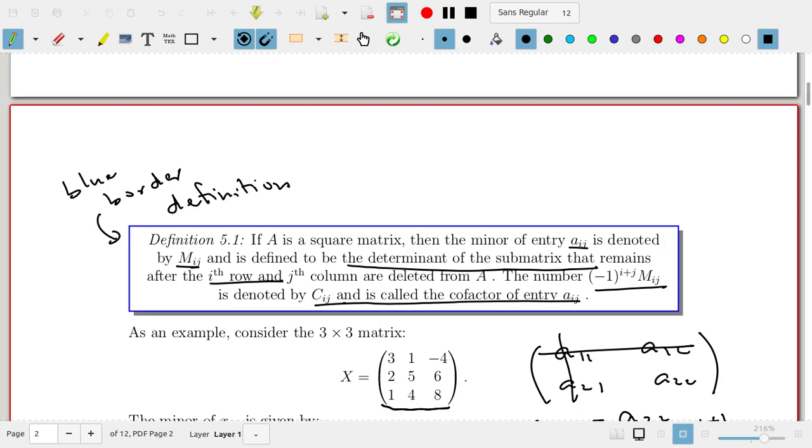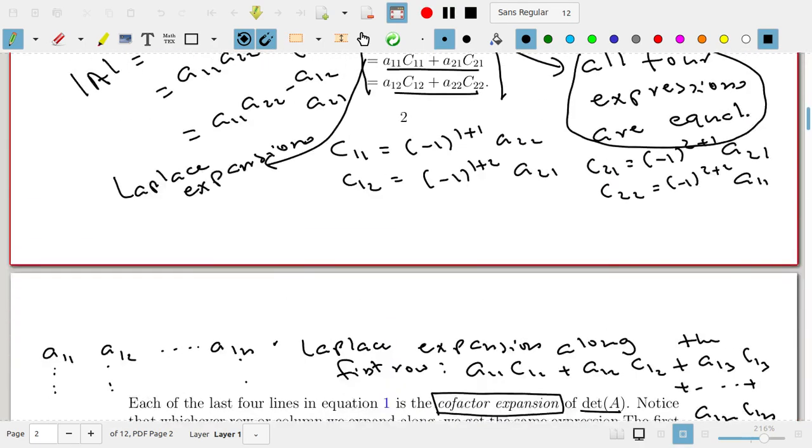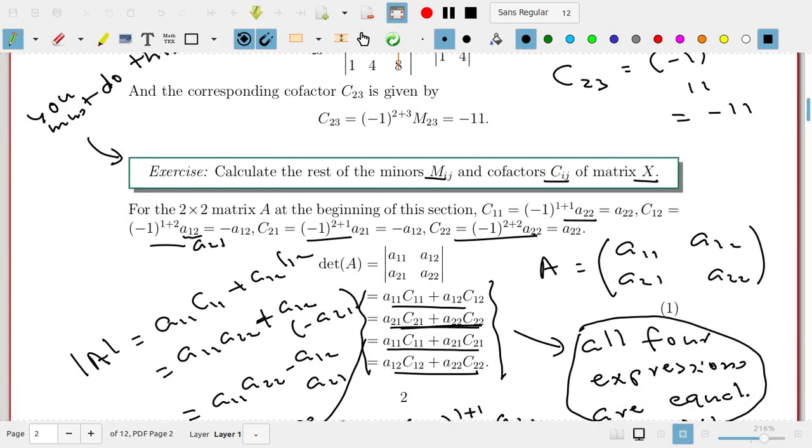Let's calculate the determinant of X using the cofactor expansion along the first row. Notice that in the previous exercise, you've already calculated the Mij and the Cij of the matrix X.